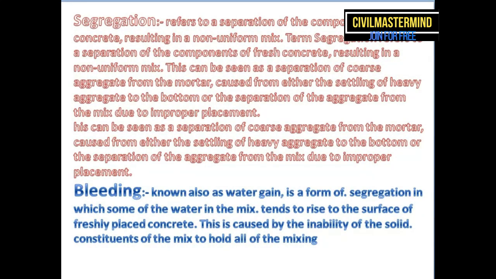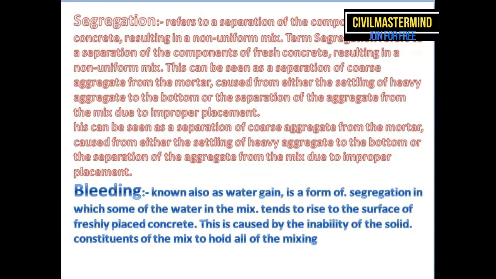Then the procedure is known as segregation. And this is normally due to the improper placement of the material that we are bringing in process. And the heavy material settles down towards the bottom and the lighter one comes up.